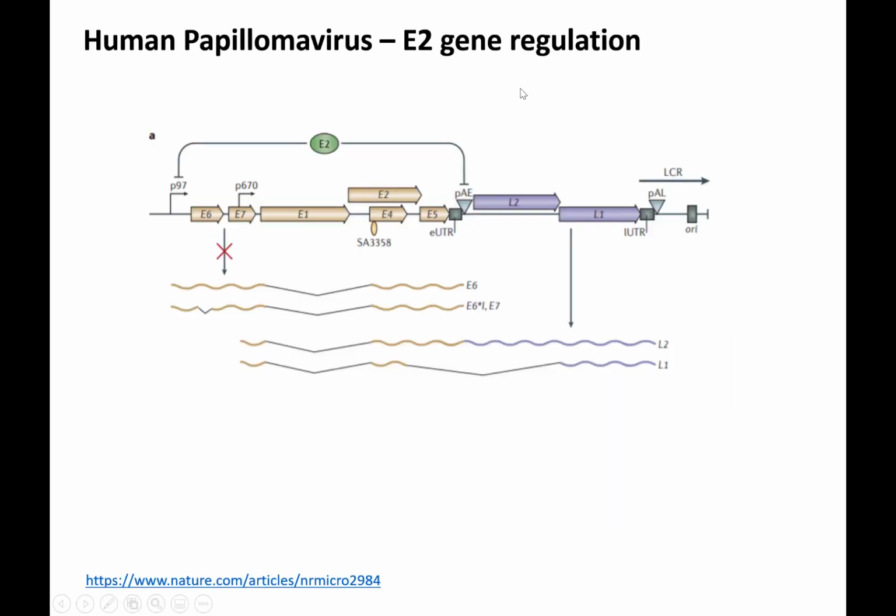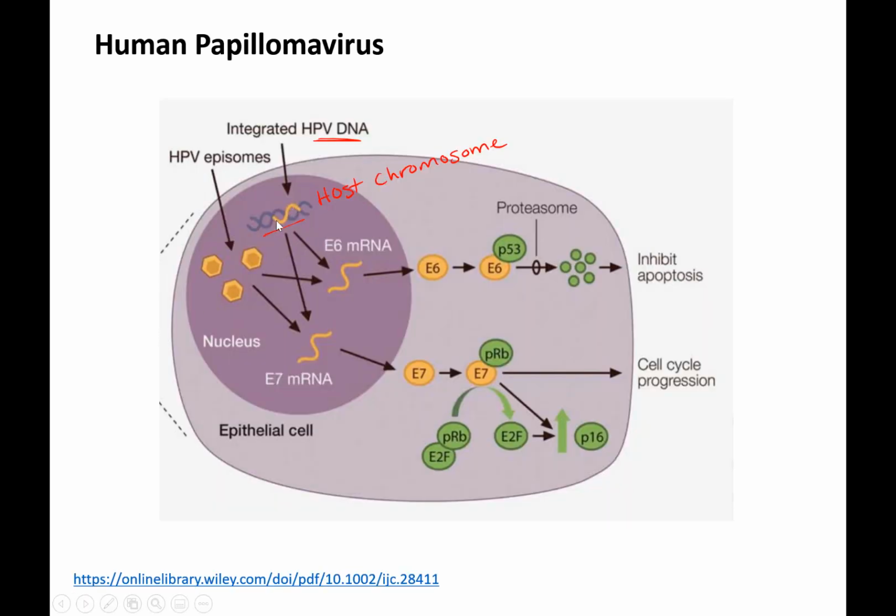There is an important gene for human papillomavirus called E2. And E2 is important in regulating the HPV genome expression. And what I want you to see is E2 is important in keeping the E6, E7 proteins at very low levels.